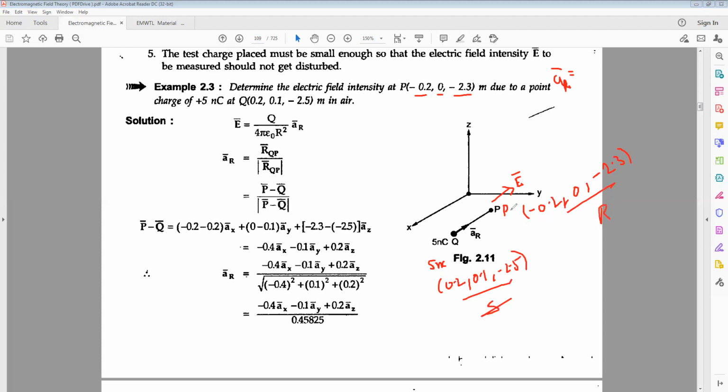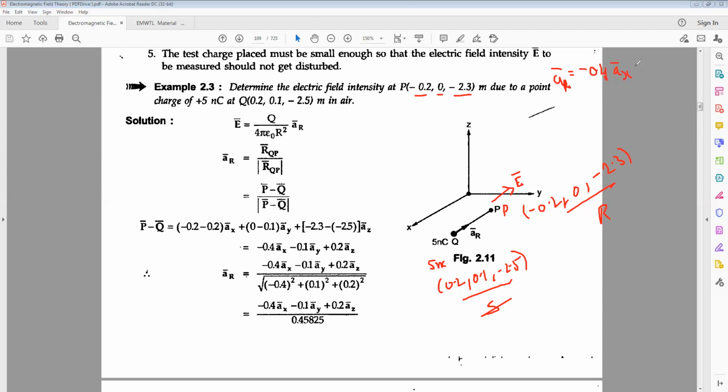So subtract the sending from the receiving: minus 0.2 minus 0.2 gives minus 0.4 AX bar.